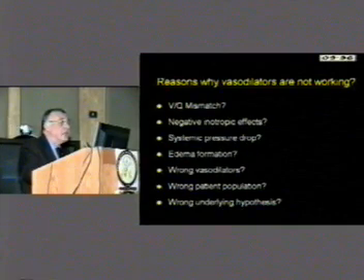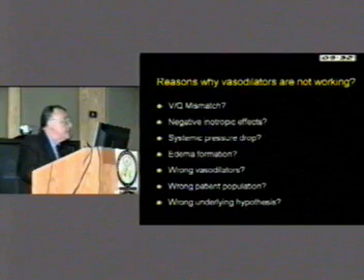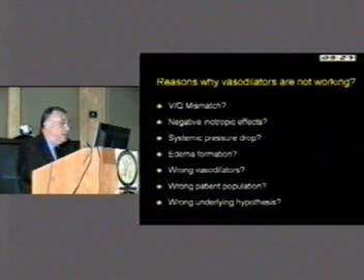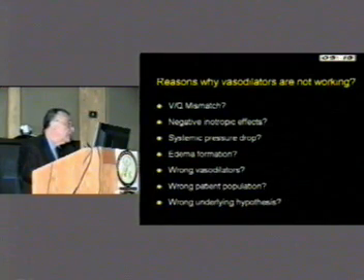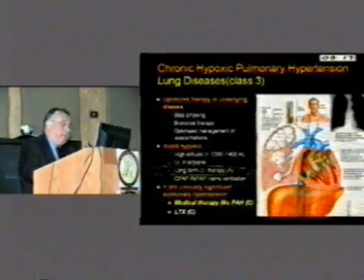Reasons why vasodilators are not working in this group: you can get a ventilation perfusion mismatch, negative inotropic effects with the vasodilators, a systemic pressure drop, and edema formation. It could be the wrong vasodilators, the wrong patient population, and the wrong underlying hypothesis.